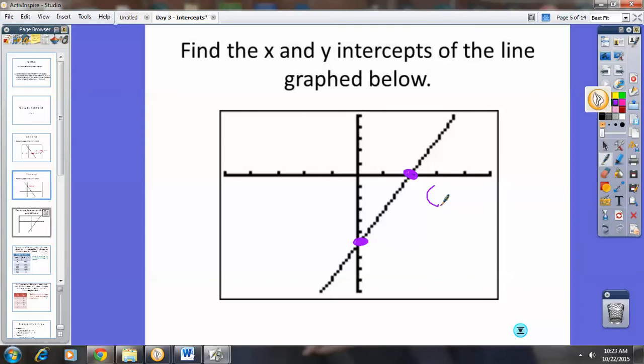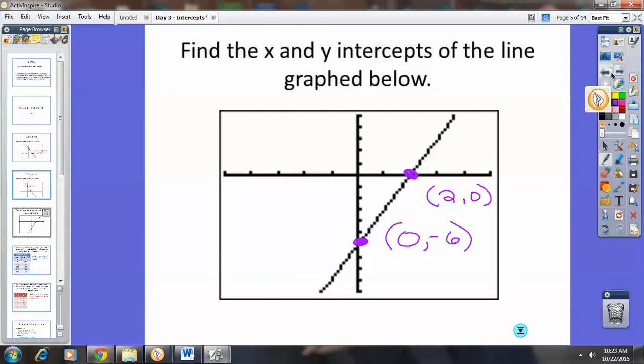Blake? 2, 0. 2, comma, 0. The y-intercept is at what point? Savannah? 0, negative 6. We should be able to easily look at a graph and find those intercepts.